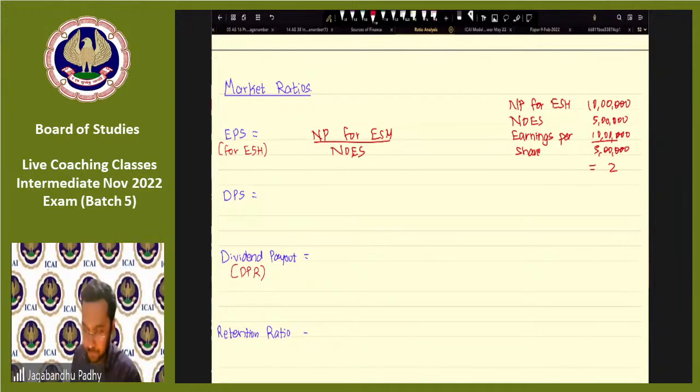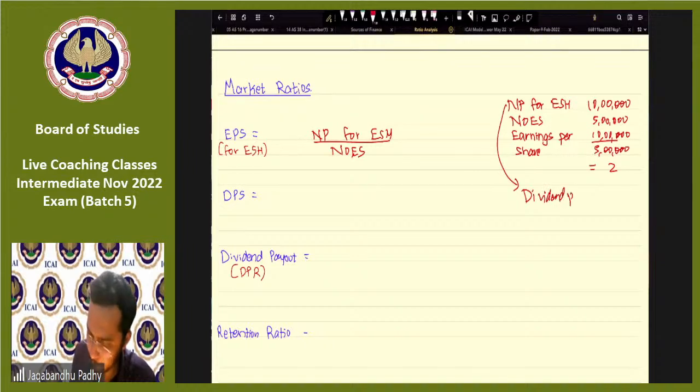So if I tell you that, let's say, out of this net profit for equity shareholders, the dividend paid by the company is suppose 6 lakh.